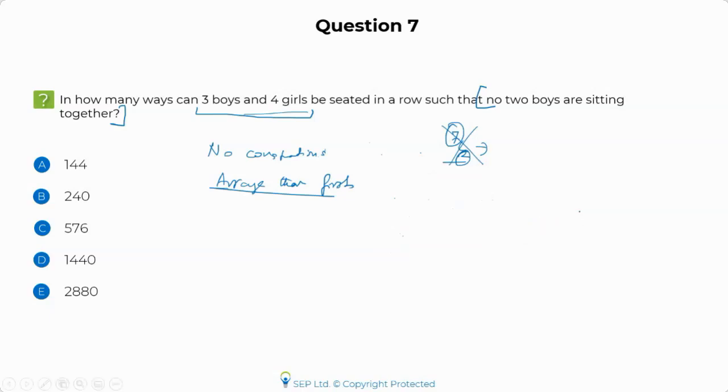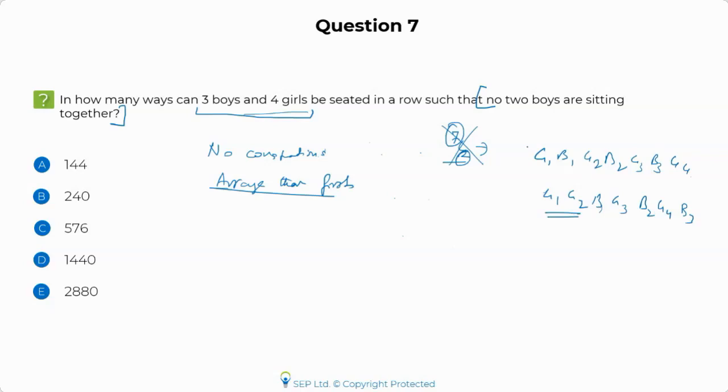Now, I'm not sure what the name is, but T is saying group 1B and 1G unit. So some of you might have even done this: G1, B1, G2, B2, G3, B3, and G4, okay? Something like this. But keep in mind, you could also have a case like this: G1, G2, B1, G3, B2, G4, B3. So there could be a case where two girls are together, okay?